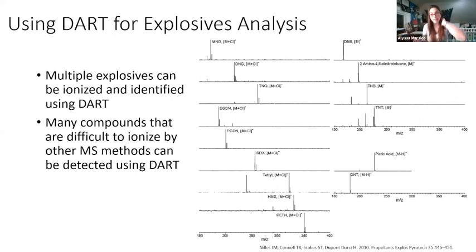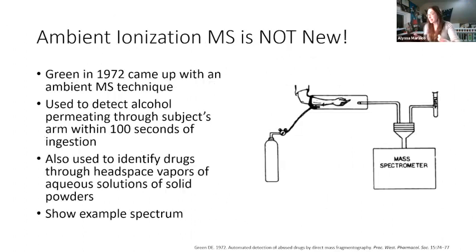And a lot of people think this ambient ionization technique is new, but actually it originated in 1972. It was actually used to detect alcohol coming through people's skin. And I think this is amazing, and it's also pretty funny. Literally, they rigged up an instrument hooked to a mass spectrometer.